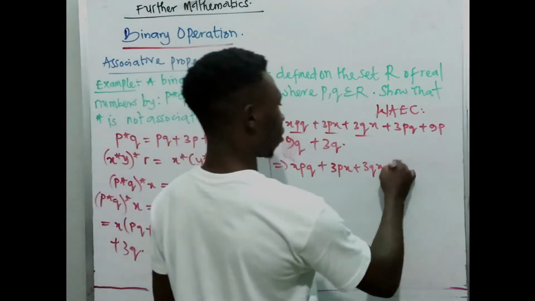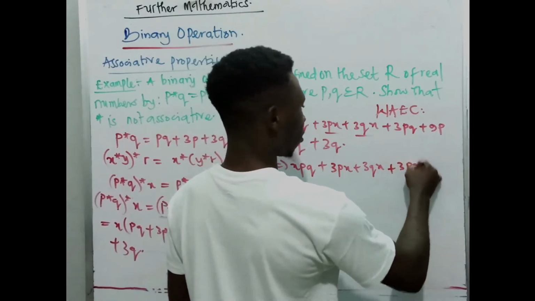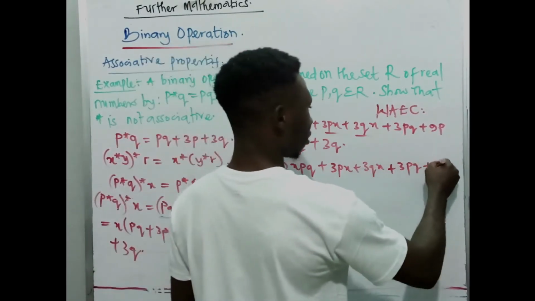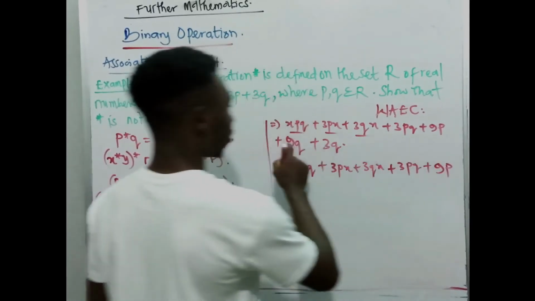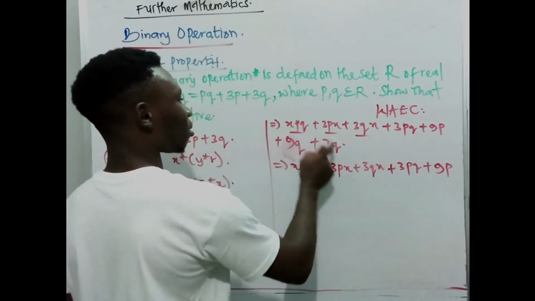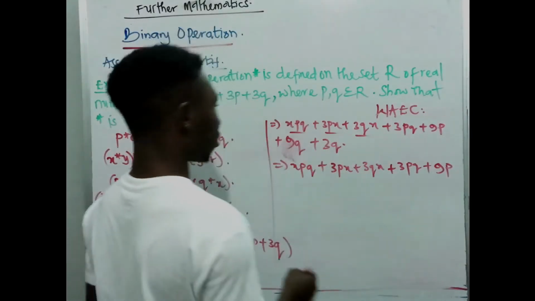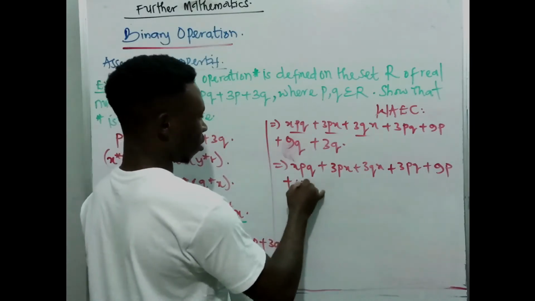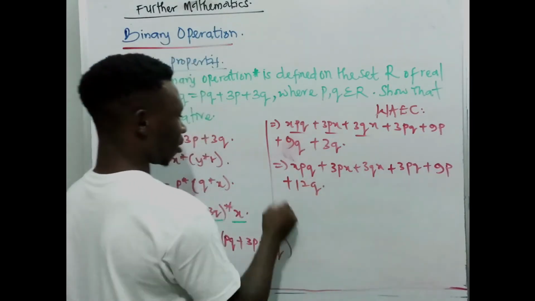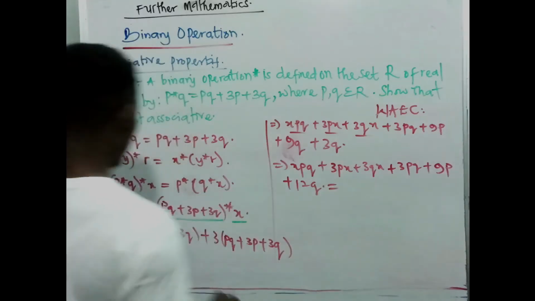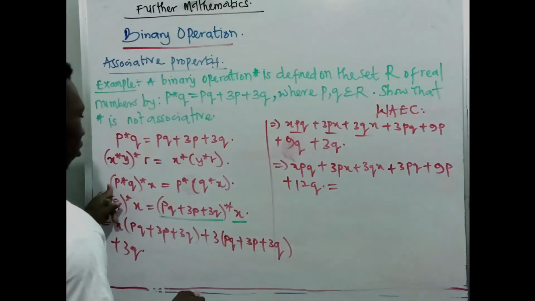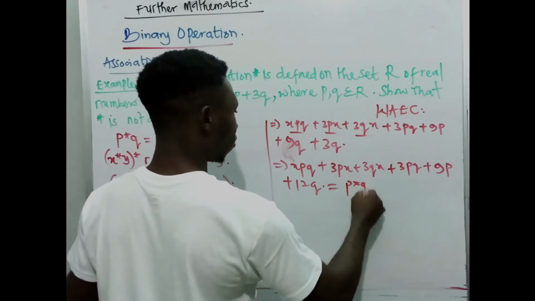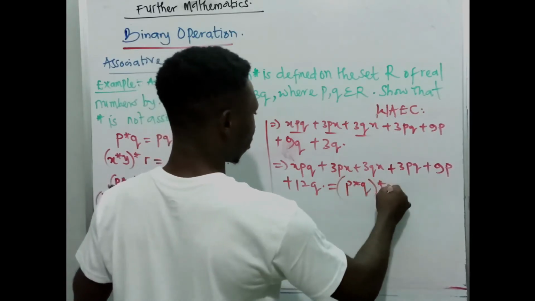Then 9P, and 9Q plus 3S. So therefore this thing here is now equivalent to P asterisk Q asterisk S.